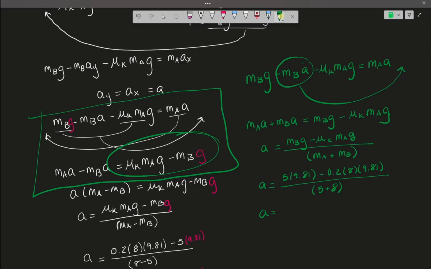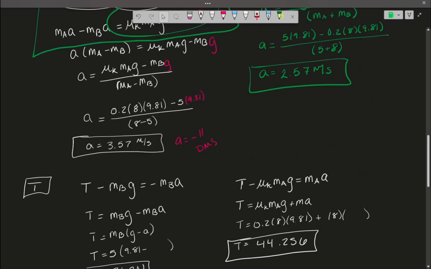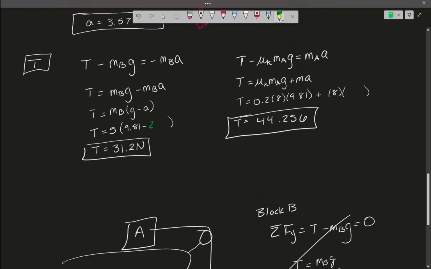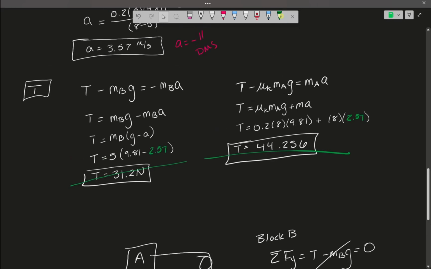And we get 2.56, well, I guess it would round up to 2.57 meters per second squared. Now if I do 2.57, we should get the same value here. 36.2 newtons.